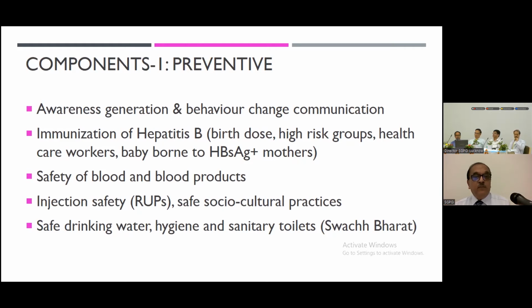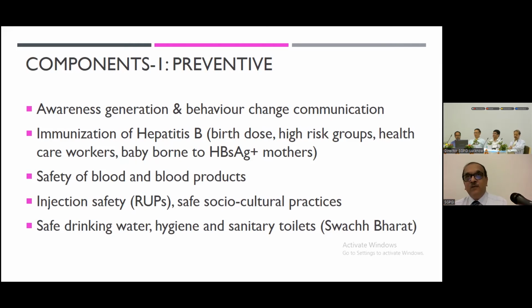So safety of the blood and the blood products, and injection safety, is very, very important. What we have demonstrated in Punjab is that the most common route of transmission is unsafe injection practices. So in unsupervised settings, a quack is giving injections using only a single syringe, single needle to so many people for just minor illnesses like pain and fever, and that is the most important.